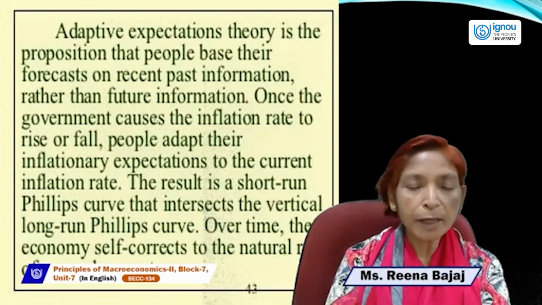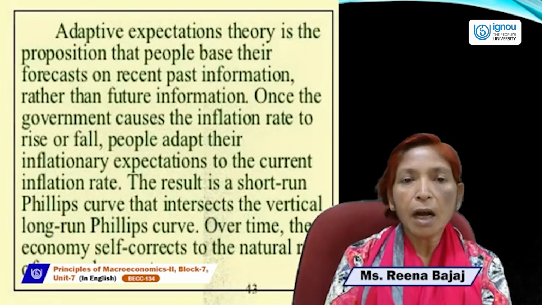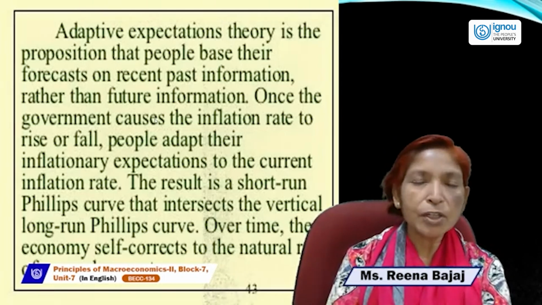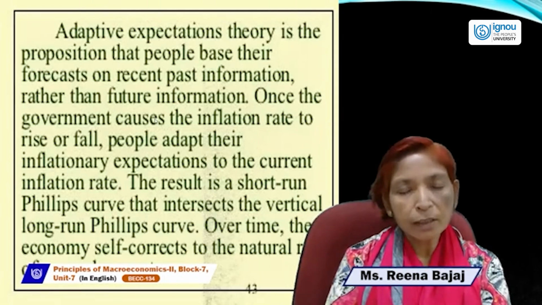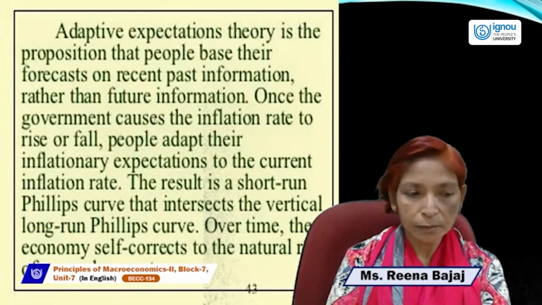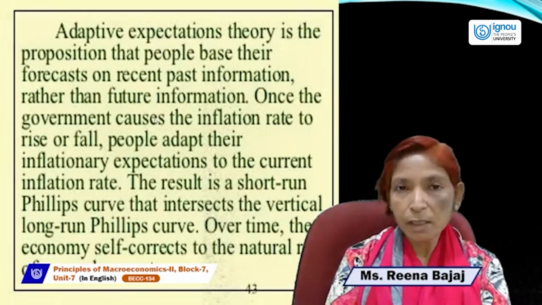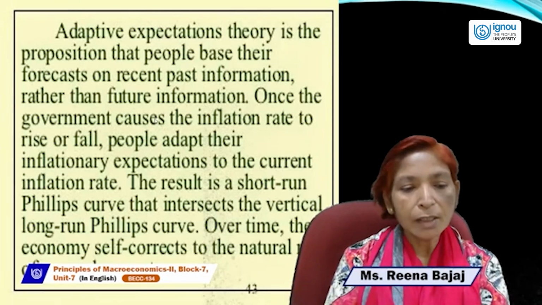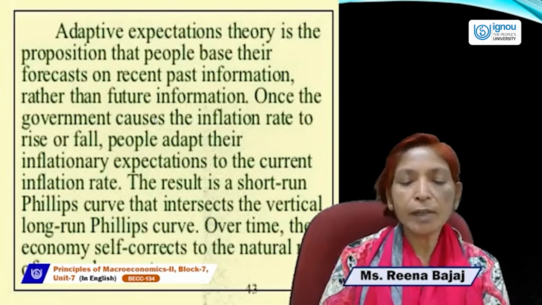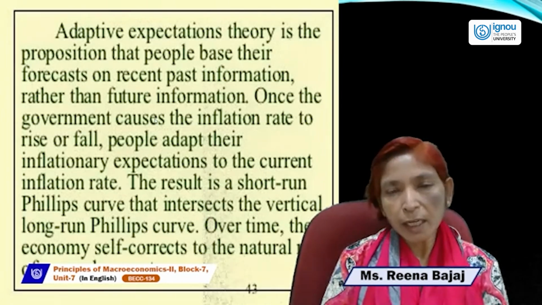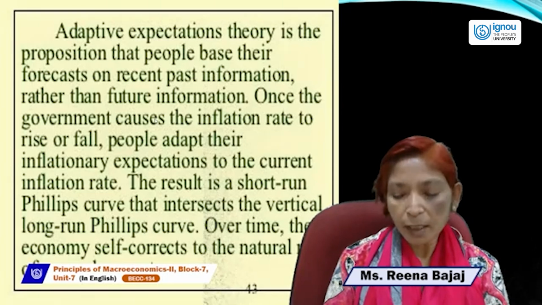And adaptive expectations always show the relationship between inflation and unemployment, which is known as the short run Phillips curve, which intersects the long run Phillips curve, which always remains vertical. So the economy always self-corrects to the natural rate of unemployment, and we can achieve the natural rate of unemployment.